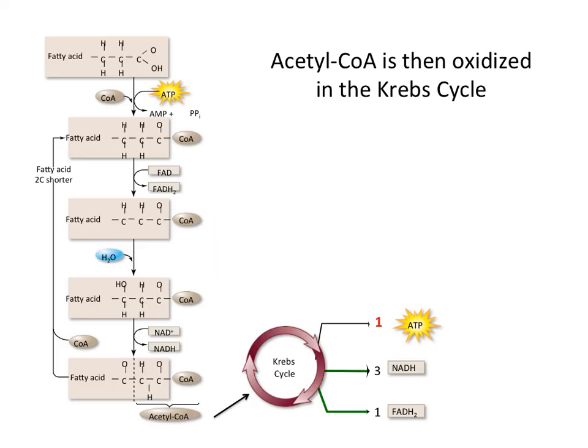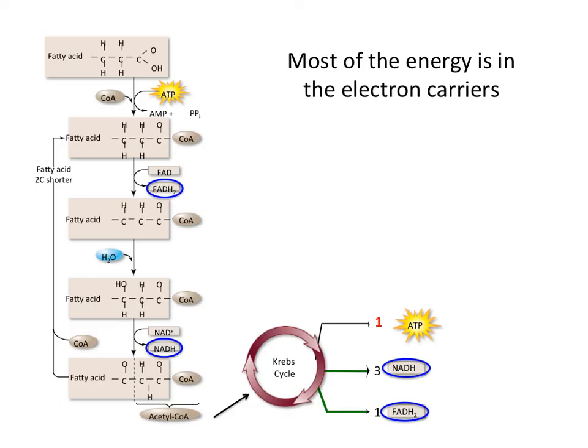So the other thing to note here is you haven't made any ATP in this process. So all we've done is been harvesting electrons. So we harvested here an FADH2, electrons were given there, and electrons were given here to NADH. The only way to harvest the energy from these electron carriers, which at this point all the energy in the fatty acids is in those electron carriers. And if you remember, those come from these high energy bonds.